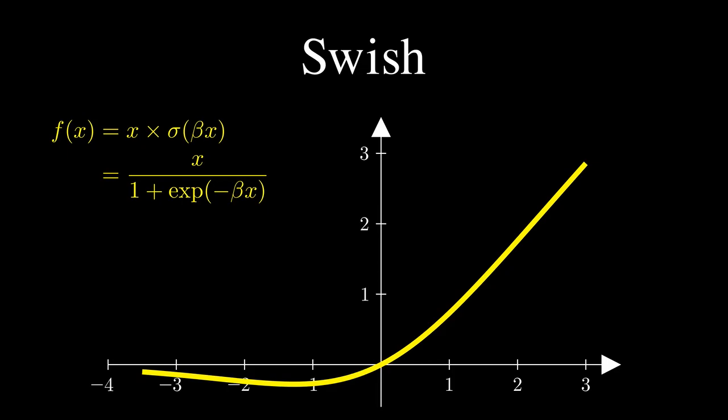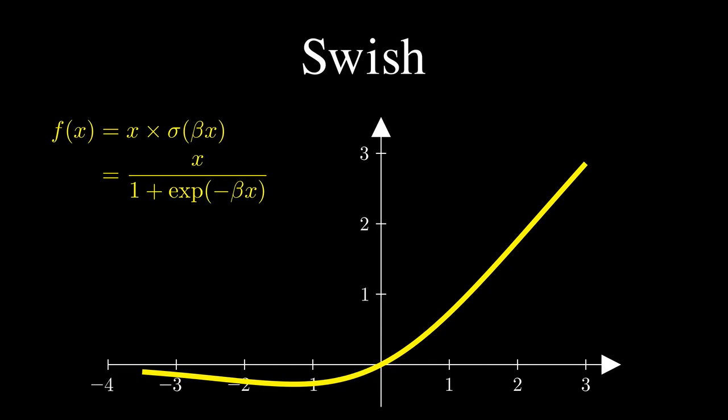In other words, a monotonically increasing function is a function where, as you increase x, the value of that function will either increase or stay the same, but it will never decrease. And a monotonically decreasing function is the opposite, where as you increase x, the value of that function will either stay the same or decrease.